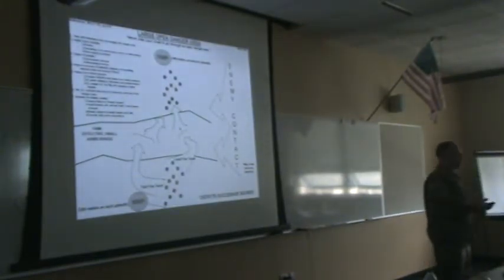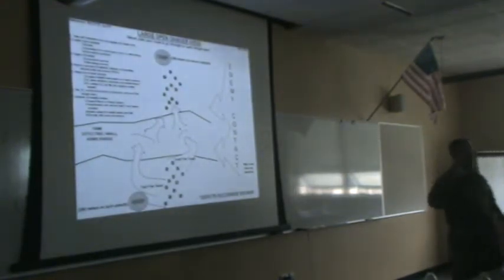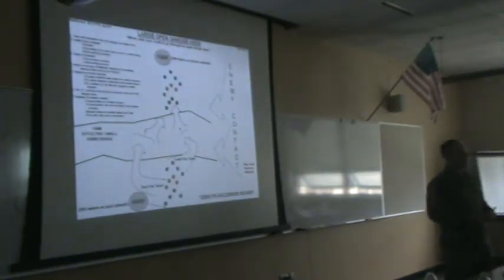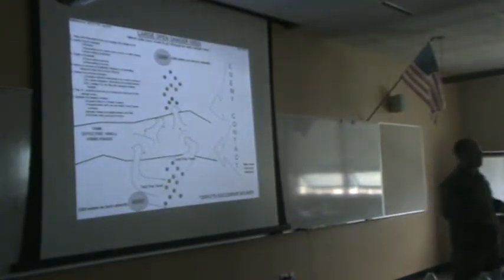Now, there are pros and cons to each method. For successive bounds, you can control the distance of the bound. So if you don't trust the guy in the other element, you don't think he's up to snuff, you might use successive bounds. Or if there's terrain that's hard to give an identifiable feature, like instead of saying, bound forward 150 meters, you tell them to bound to that hill.